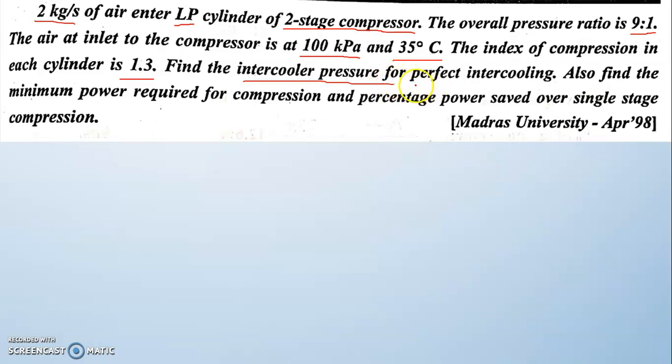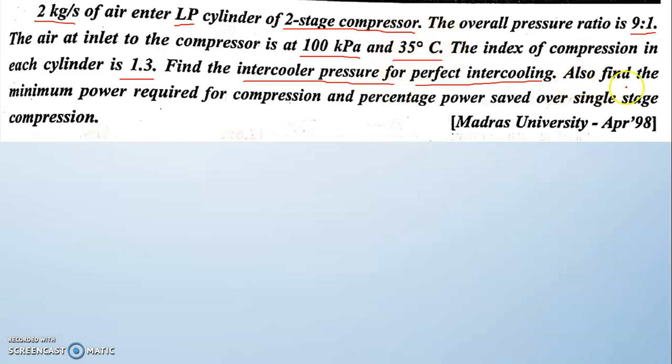For perfect intercooling, as mentioned, P2 is given by the root of P1 into P3. That is what is meant by perfect intercooling. Perfect intercooling also means the outlet temperature of the intercooler will be equal to 35 degrees, that is, it will be brought back to the original condition.